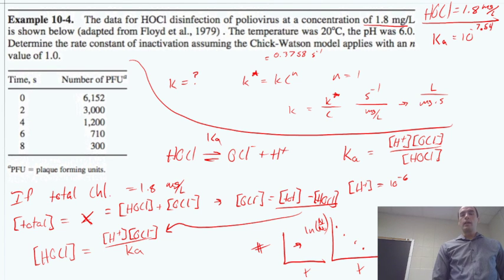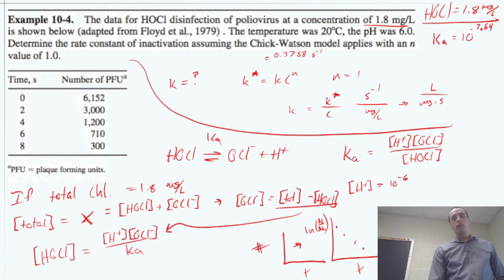With that, we can then go through this process, which is what I added there at the end, trying to coach you through the last part of it. So then k equals k star over c. We can solve for k by saying, oh, we know c is 1.8 milligrams per liter.